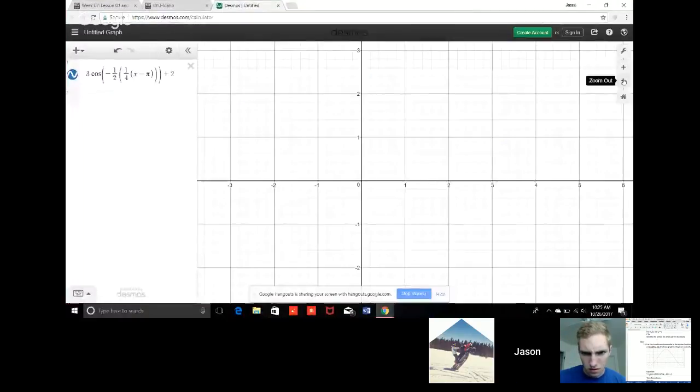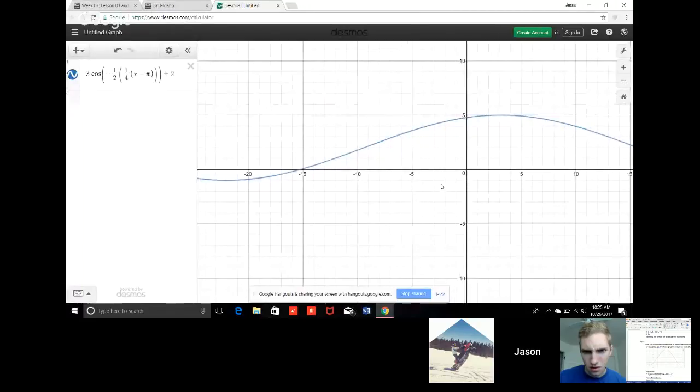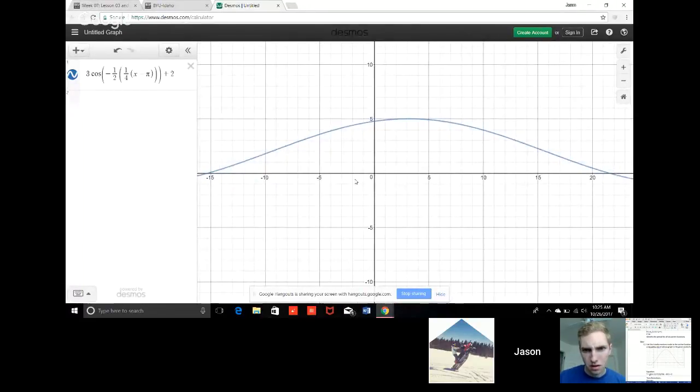Fix screen share. So using this equation that we have right now, we get a graph that looks like this, which actually gets us to the 5 and the -1. But we just stretched it improperly. We have to shrink it though, so it's not so wide.